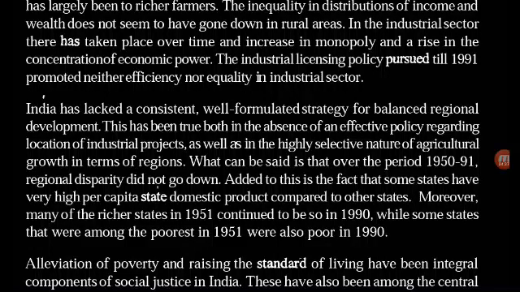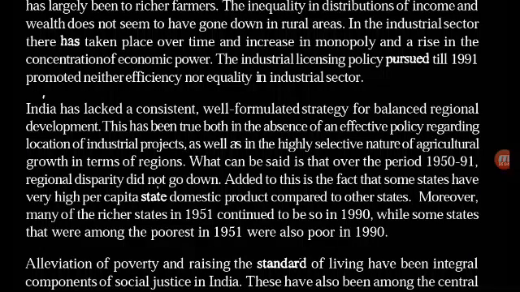India has lacked a consistent, well-formulated strategy for balanced regional development. This has been true both in the absence of an effective policy regarding location of industrial projects as well as in the highly selective nature of agricultural growth in terms of regions. In terms of regions, what can be said is that over the period 1950 to 91, regional disparity did not go down.